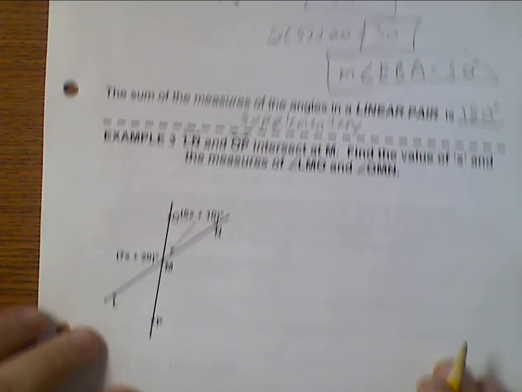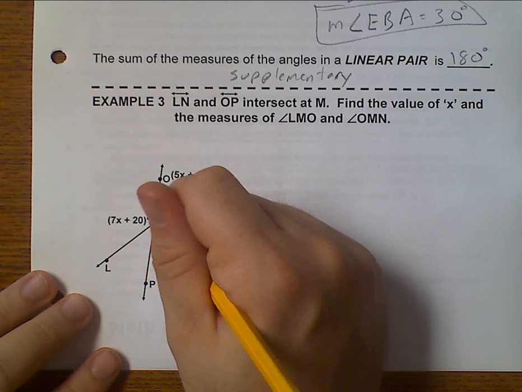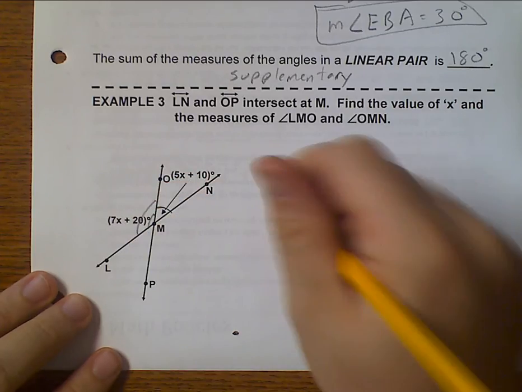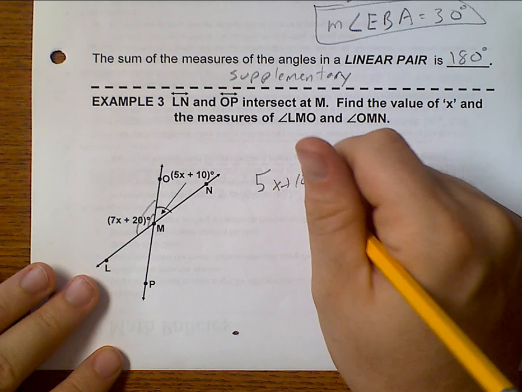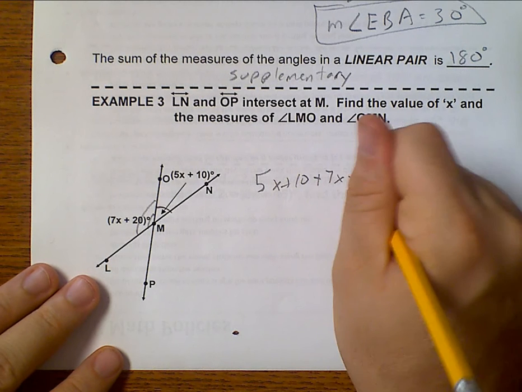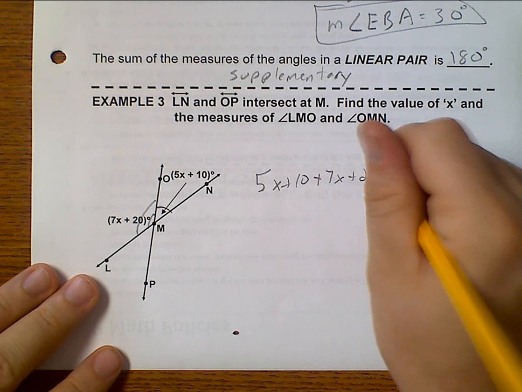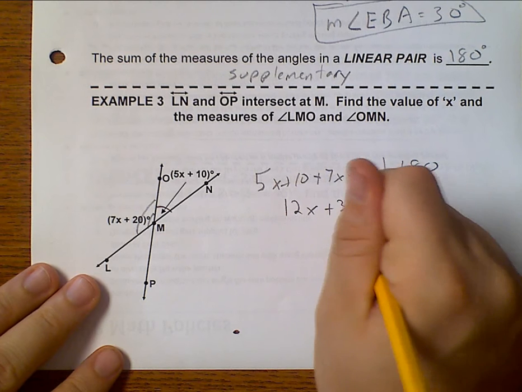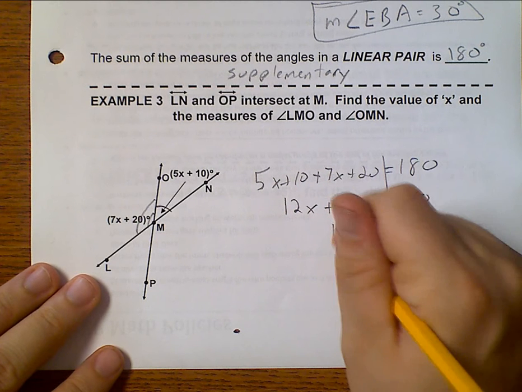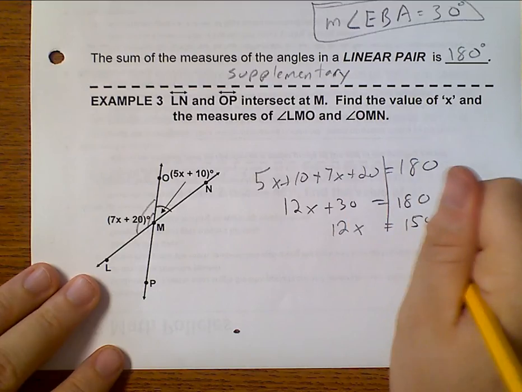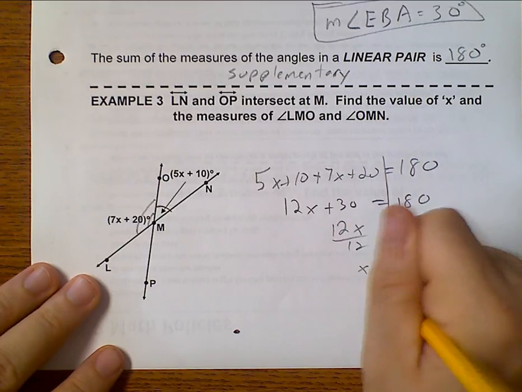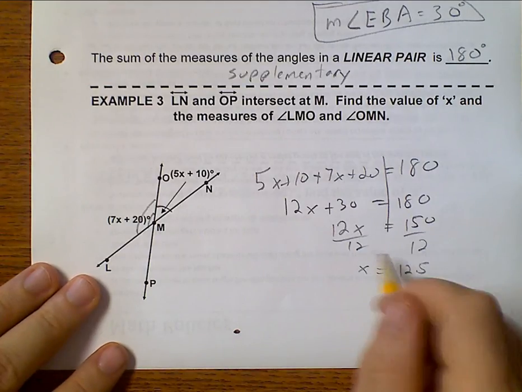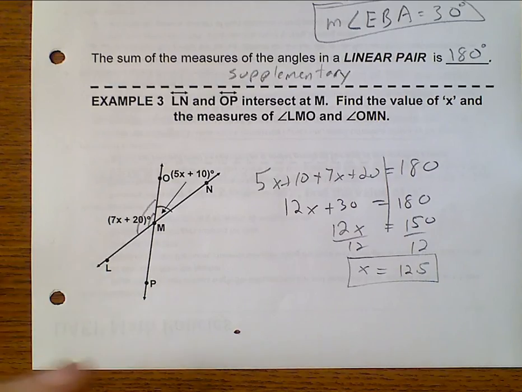So if we take a look at example number 3, these are supplementary, which means I can do 5x plus 10 plus 7x plus 20 equals 180, which means 12x plus 30 equals 180, 12x equals 150, and 150 divided by 12 is 12.5, and so that's the value of x.